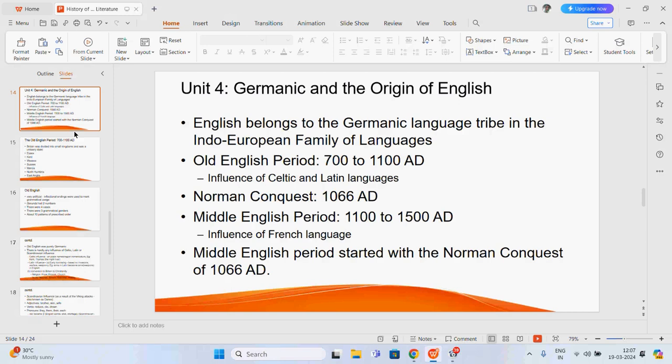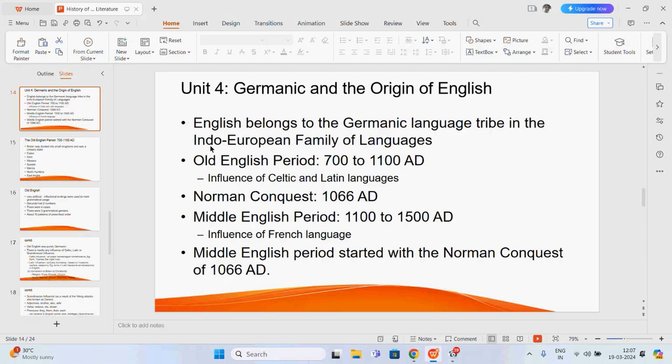For example, Old English period, Middle English period, or the Modern English period. So one long answer that you prepare from the examination point of view will help you to answer a minimum of 4 questions in the examination.